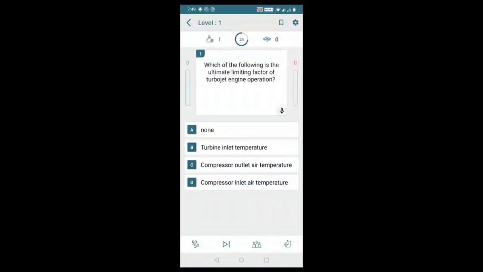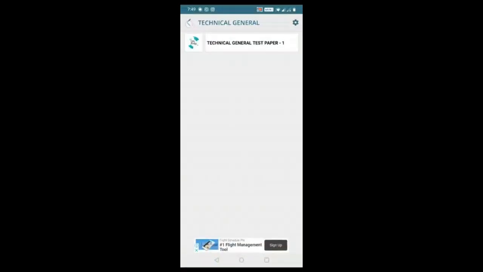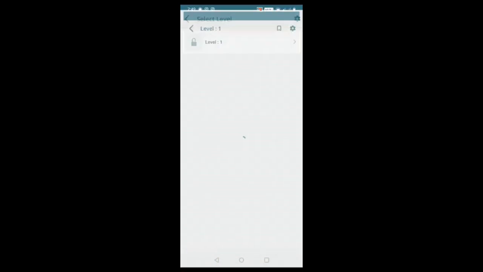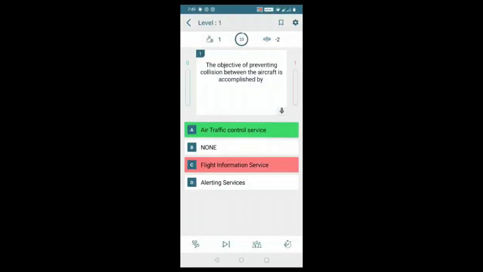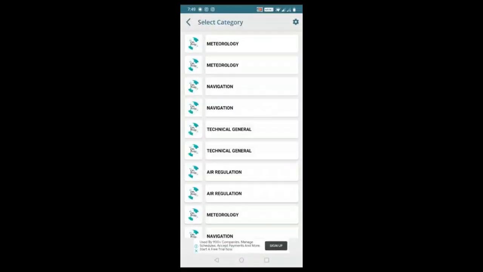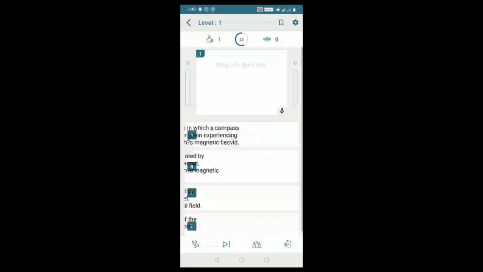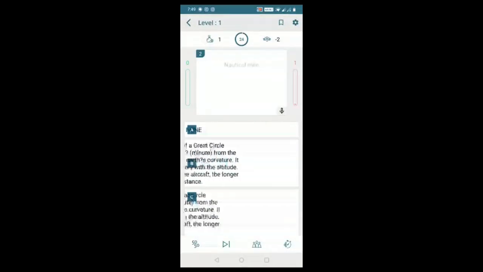And this actually costs around 3000 rupees for 6 months. If you think that you cannot join any coaching and you feel that it will be good for you, then you can please try this app, and you can get a lot of information. You can also prepare yourself for the upcoming exams.